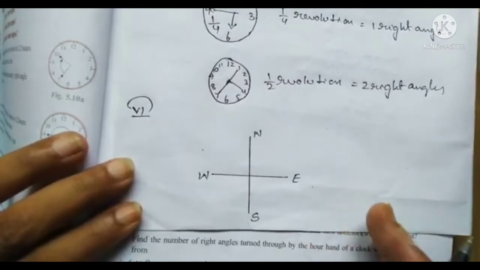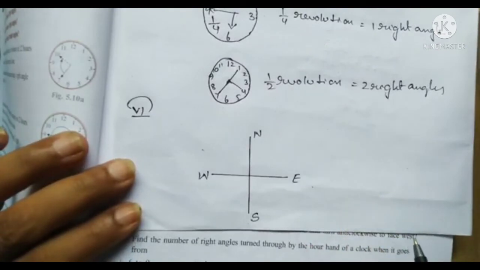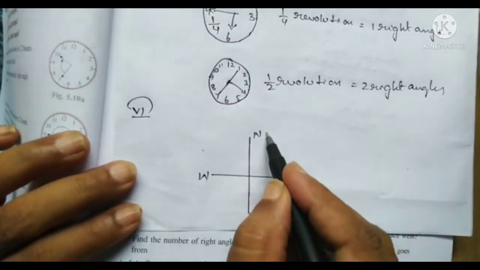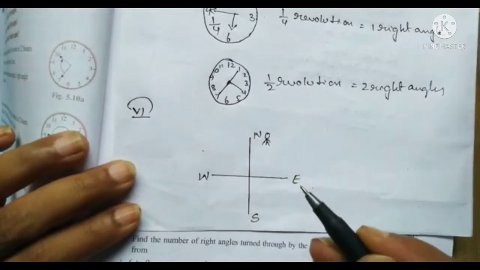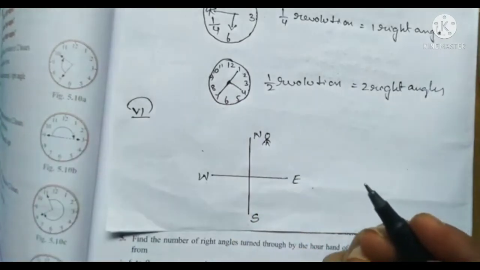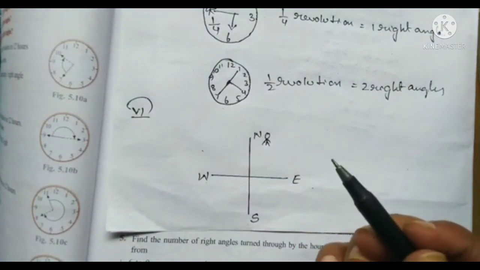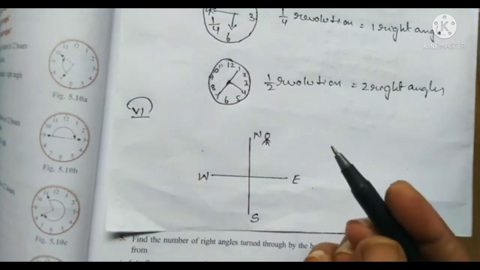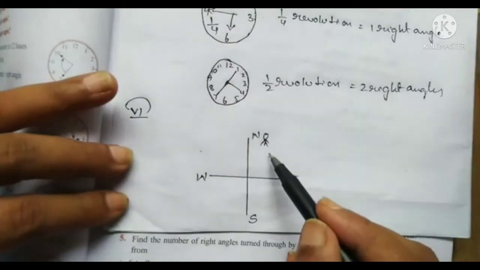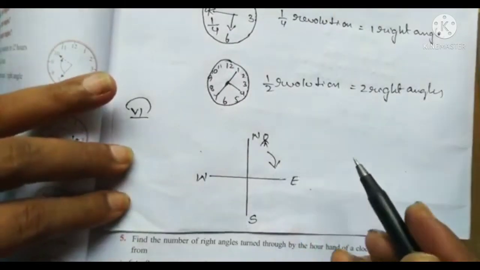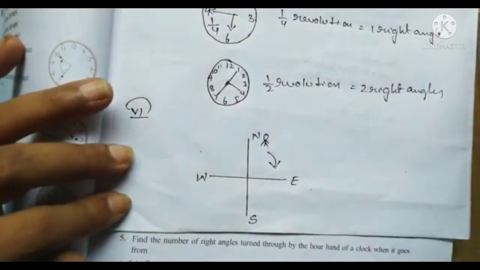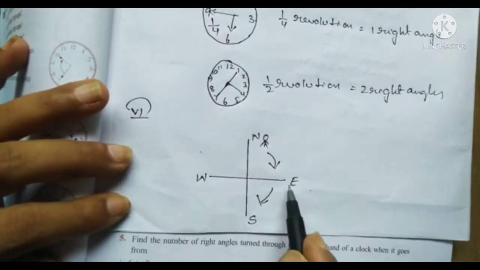A person standing in the north turns clockwise to face east, then south, then west.